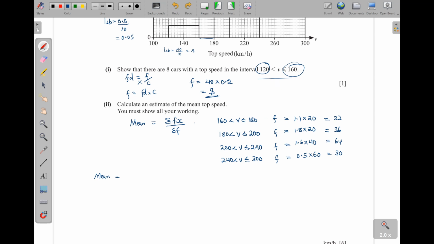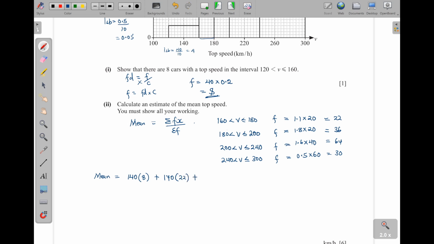Okay, now let's do it. We shall say 120 plus 160 divide by 2. That will be 140. So I will say 140, then times the frequency here, which is 8. Then for the next one here, 160 plus 180 divided by 2, that will be 170. So I write 170, then times the frequency here, which is 22.